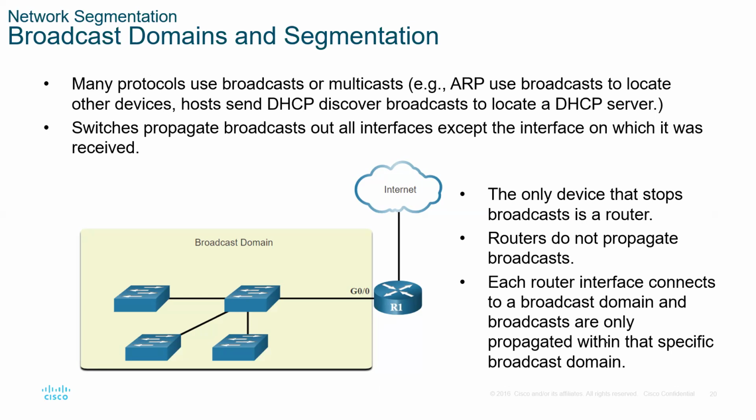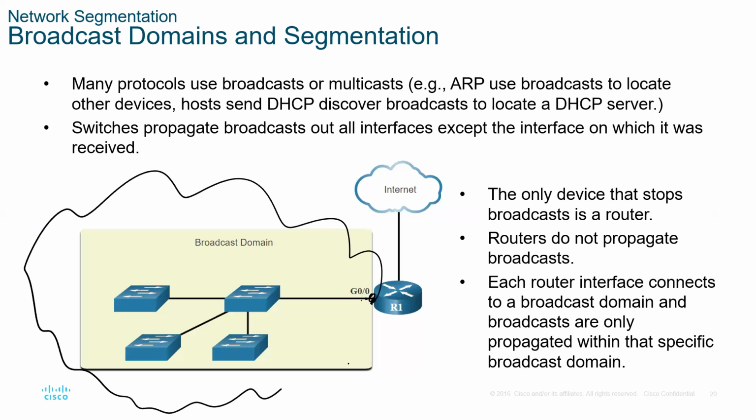Let's start with defining what we call a broadcast domain. I said every interface on a router should lead you to a network. So if we have an interface right here, it leads me to this network. An interface also leads me to a broadcast domain.